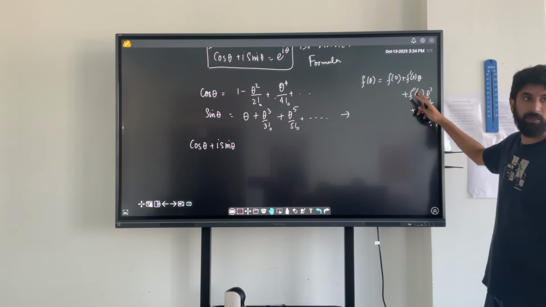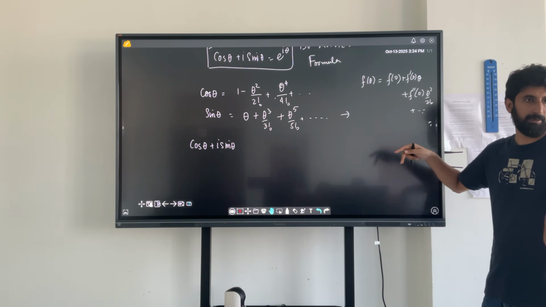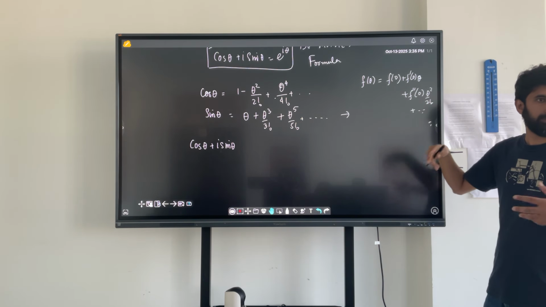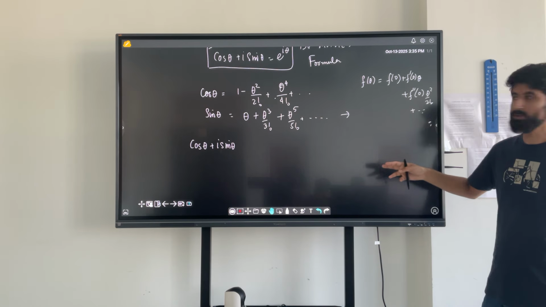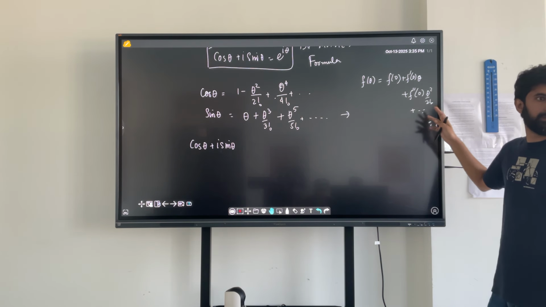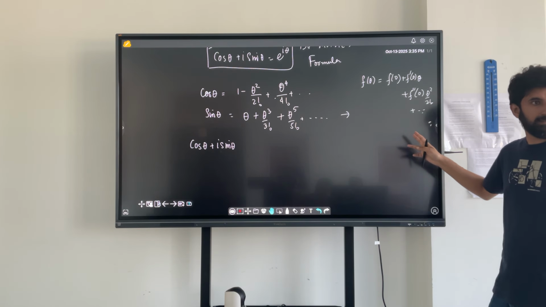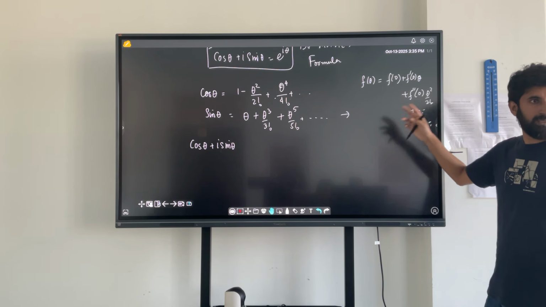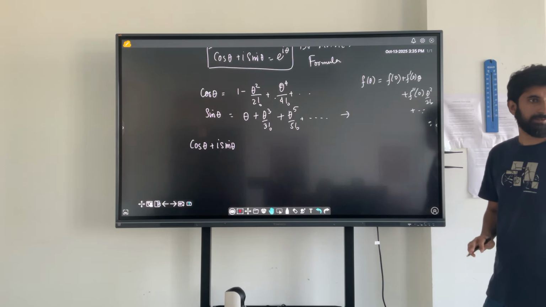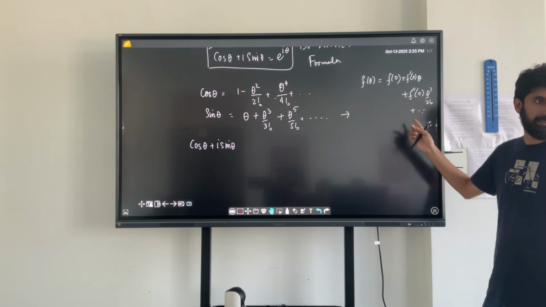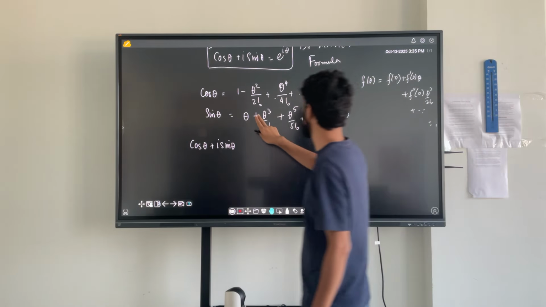Now this is double prime, so sin theta will remain sin theta, and if you put 0, the minus sign won't matter, so it will be 0. Then when you differentiate again, I'll get minus cos theta, which evaluated at 0 gives me 1, but there is a minus sign.